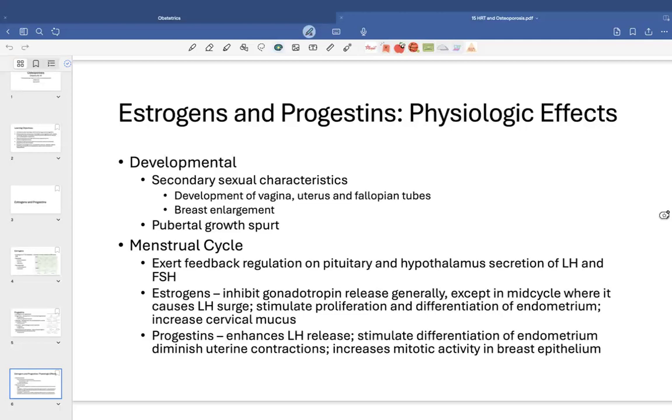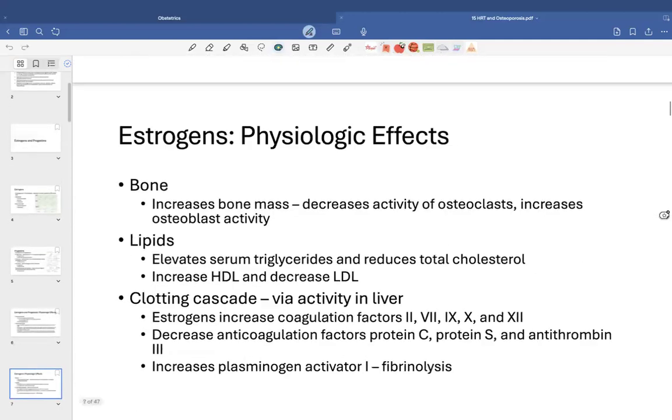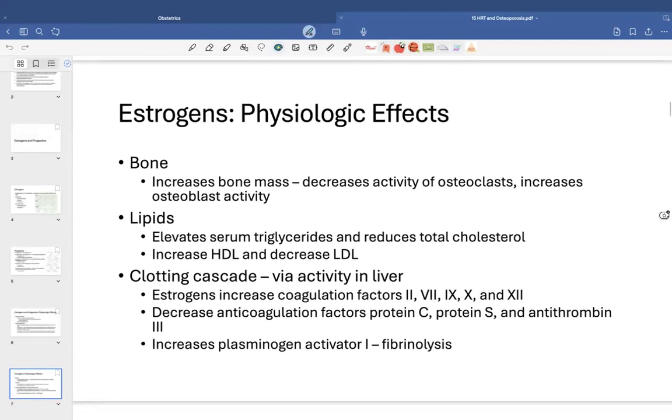There are other effects specifically for estrogens on the bone. They increase bone mass: they increase the activity of osteoblasts, which tend to strengthen and increase bone, and also decrease the activity of osteoclasts, which tend to take calcium out of the bone and return it to the circulation.